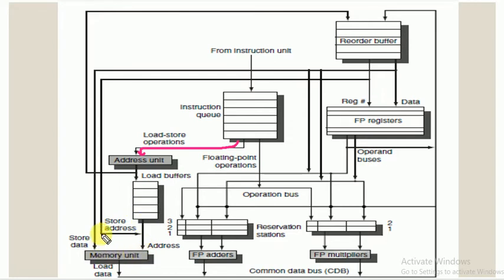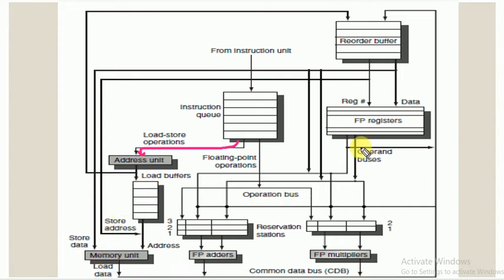Now you can see that here we are not having any store buffers available. The store buffers are not available here, but they are actually directly connected to the reorder buffer. All the store information is with the reorder buffer, because the store is not done directly to the memory unit.